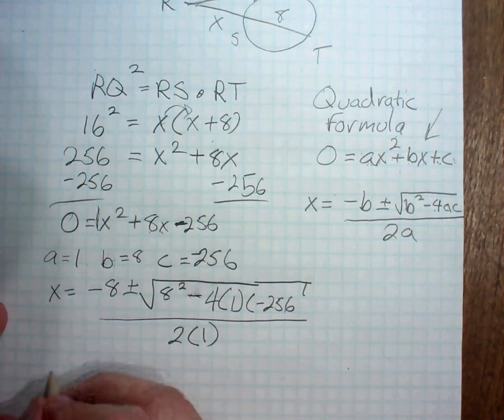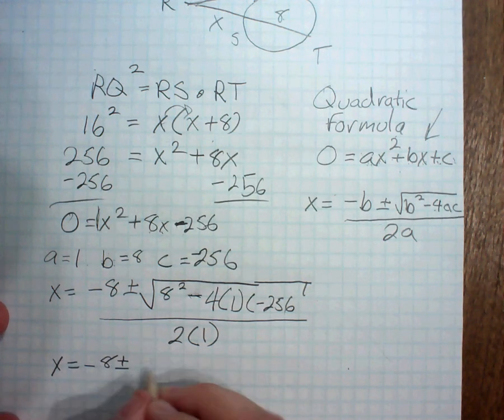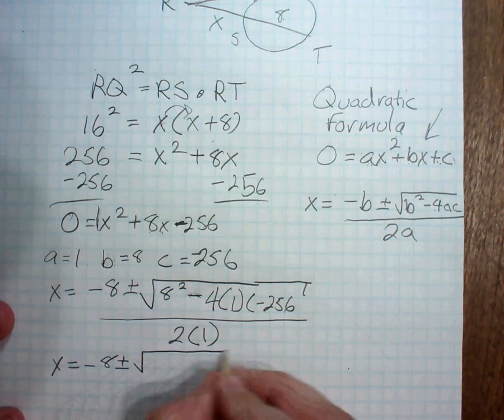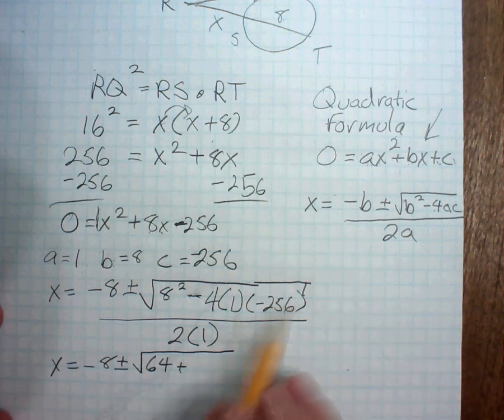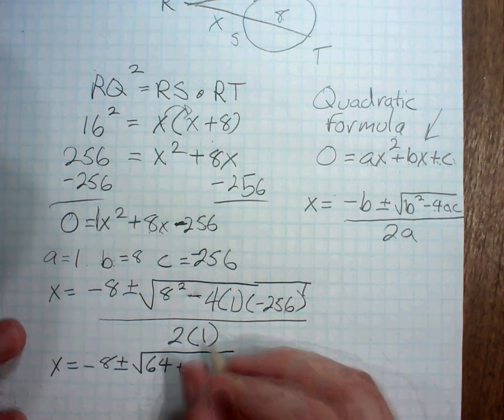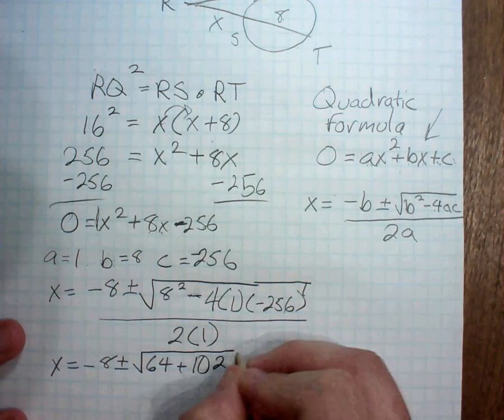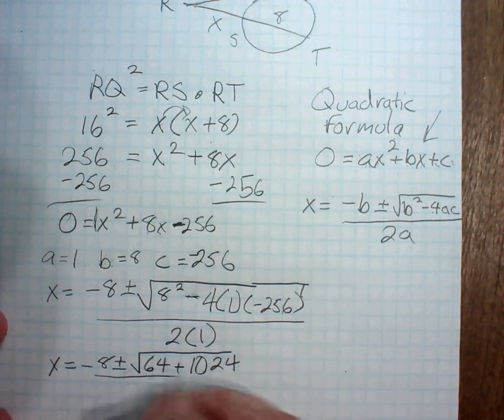So then this becomes x is equal to negative 8 plus or minus the square root of 64, and then 4 times 256 is going to be 250 times 4 is 1,000, and then 1,000 plus 4 times 6, which is 24, so this will be 1,024, all over 2.